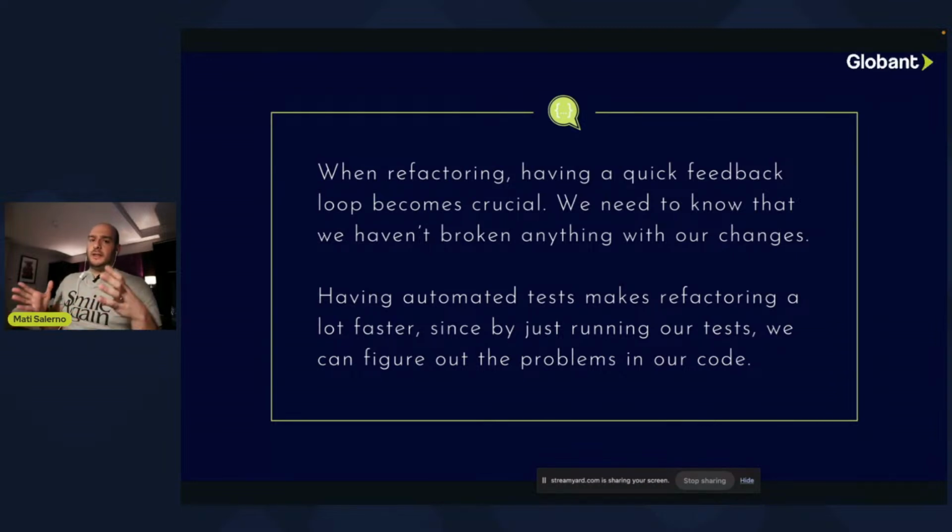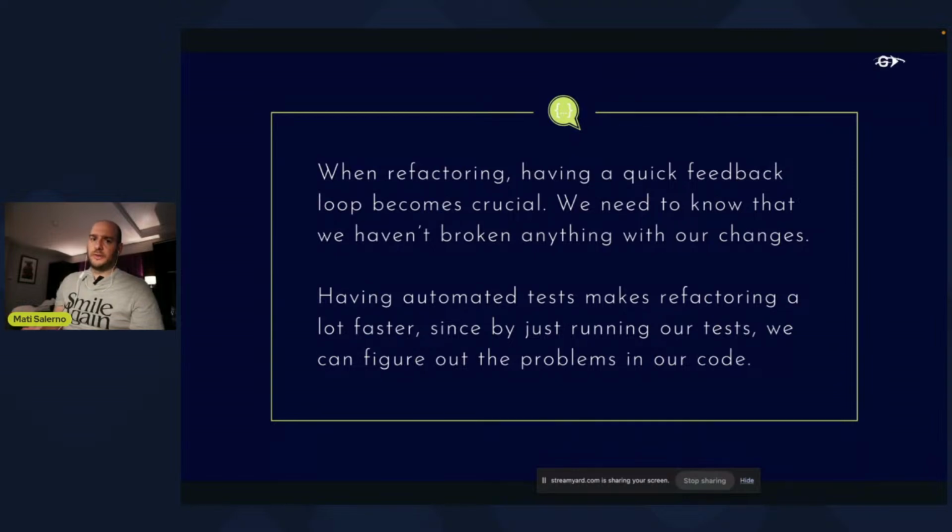If that feedback loop is too long, for example if I had to go all the way to production to see if I've broken anything, then it's really late. I have to wait a long time to see if something is broken or not.